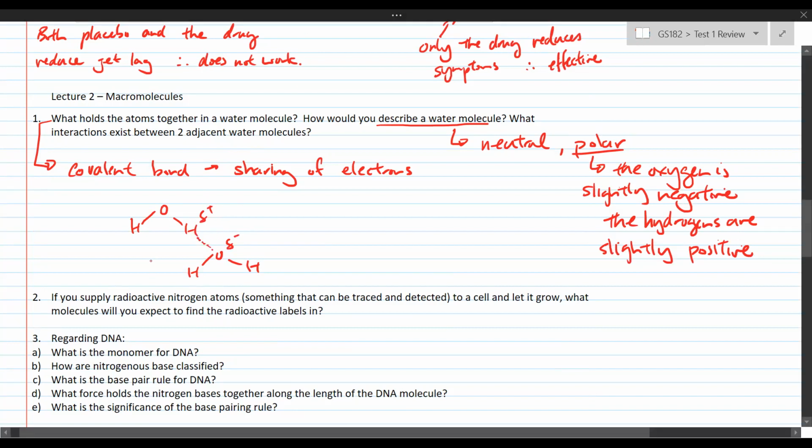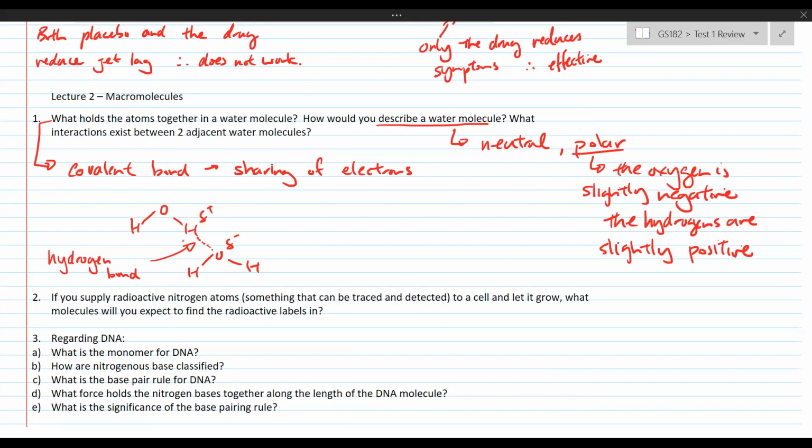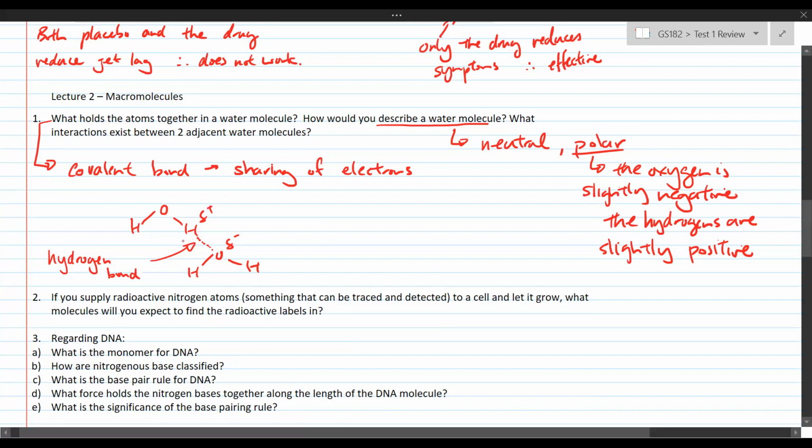And this attraction is called a hydrogen bond. We've seen hydrogen bonds at various places. It's not just something that exists between two water molecules. Can you give me an example of another molecule where we discussed hydrogen bonds?